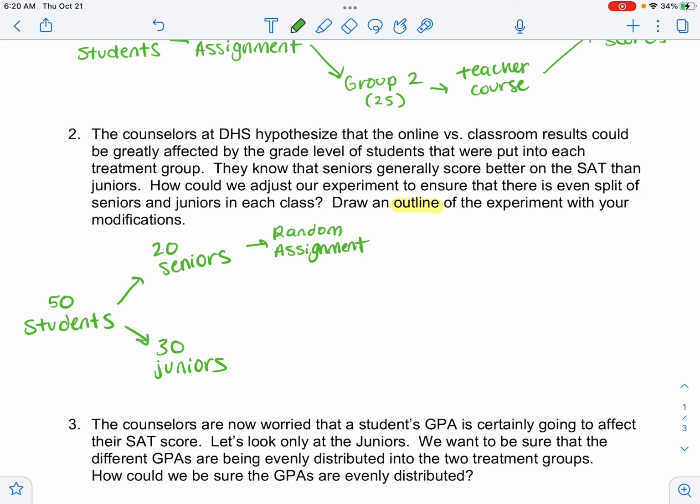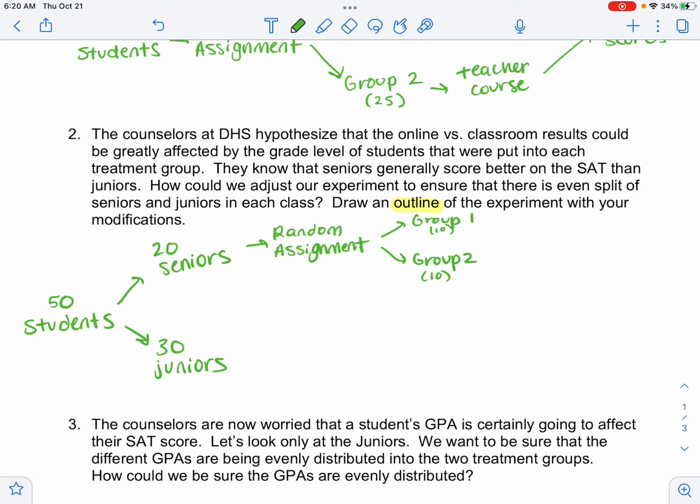They're going to go into, say, group 1 and group 2. And we would end up having then 10 in each since there's 20 seniors total.